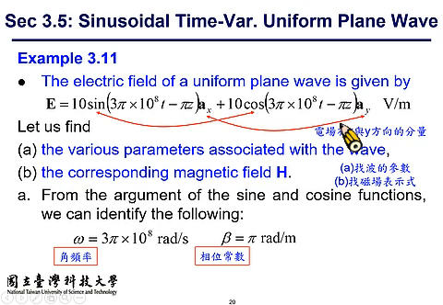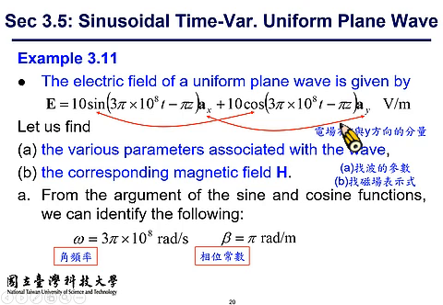And the next is to recognize some key parameters. So first we can recognize the omega and beta from the description of the variable. That is 3 pi times 10 to the 8 t minus beta z.